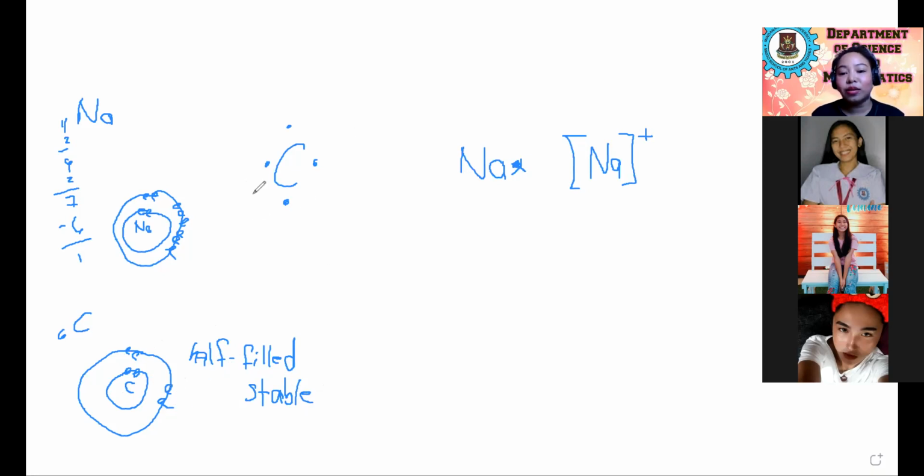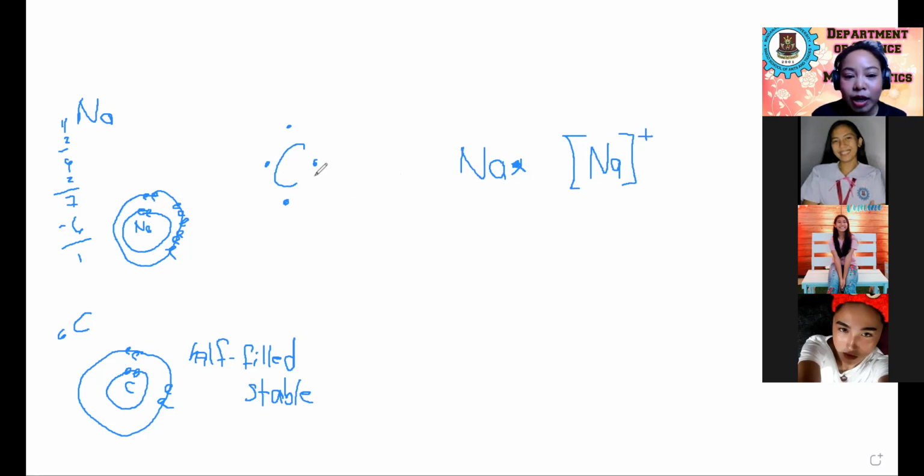So, there are atoms nga musugot kuhaan og electron. There are also atoms nga dili musugot og kuhaan. So, katong dili musugot nga kuhaan, mangayo sila. So, say for example, if you have sodium and carbon on this particular system, sodium, muhatag man siya og electron.